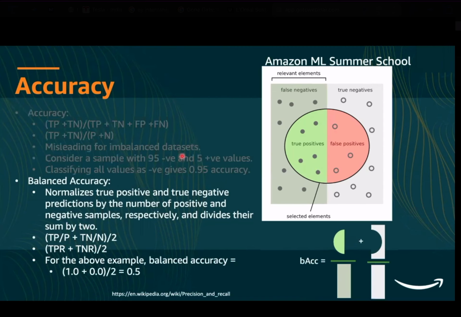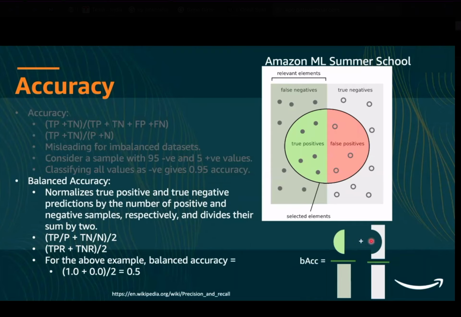So what you do in this case is compute the balanced accuracy measure. It normalizes the true positive and the true negative predictions by the total number of positive and negative samples, so you are taking into account the amount of positive and negative samples. You take the true positive samples and divide them by the total number of positive samples.